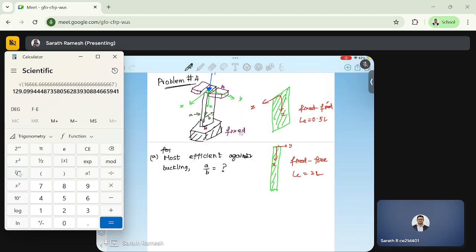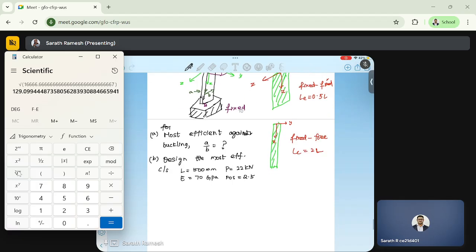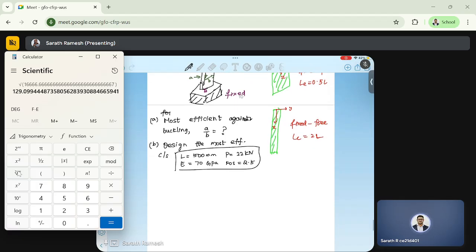Once we find the ratio, we have to design it, knowing that L equals 500 mm, E equals 70 gigapascal for aluminum, the load is 22 kilonewton, and the factor of safety is 2.5. Values are given. So let's start.